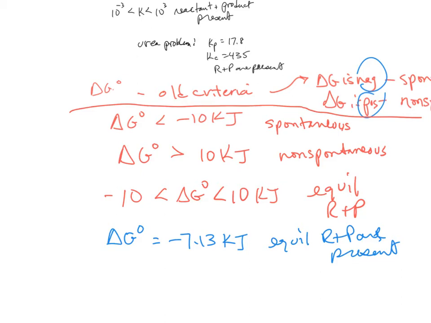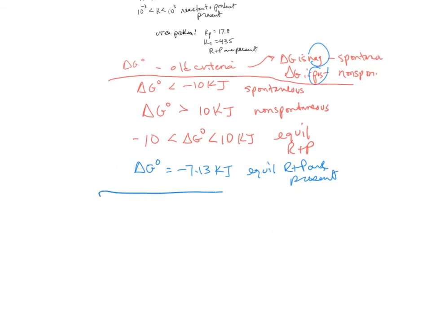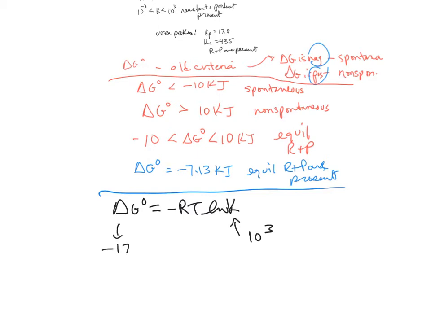All right, now if you use the equation delta G equals negative RT ln K, and you actually put in your value of K as 10 to the third, delta G is going to be negative 17.